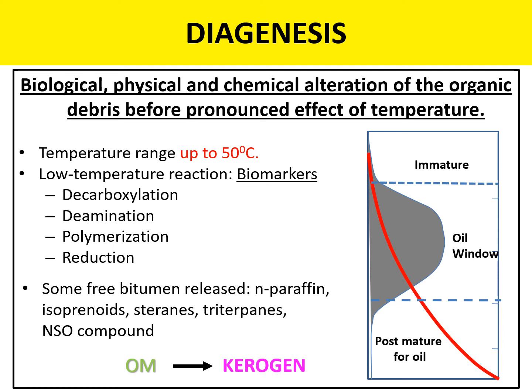In this stage of diagenesis, the ratio of hydrocarbon to non-hydrocarbon found in the bitumen of recent sediments is in the range of 1 to 10 to 1 to 20.